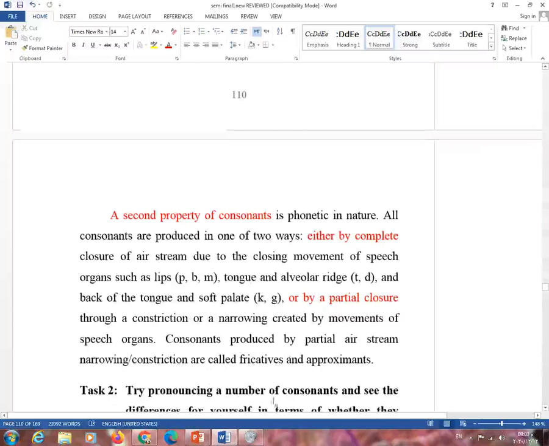They are called fricatives and approximants to some extent. So this is the second property: either we pronounce consonants by complete closure of the airstream or by partial closure, narrowing.